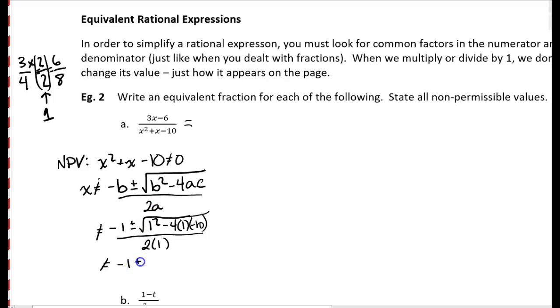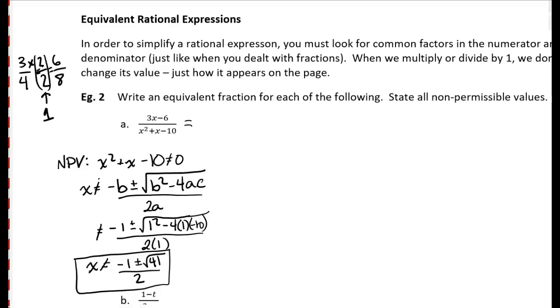So -1 plus or minus the root of 41, all divided by 2. Those are my non-permissible values. So they're a little bit ugly, yes, but they still exist. We're allowed to take the square root of 41. That negative and negative becomes positive. So all of this works.